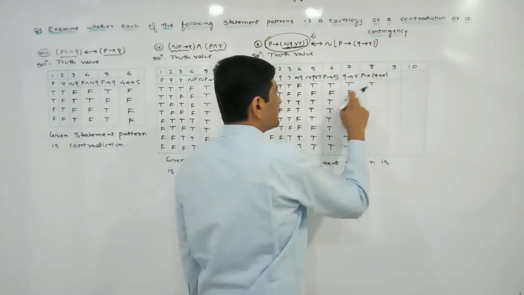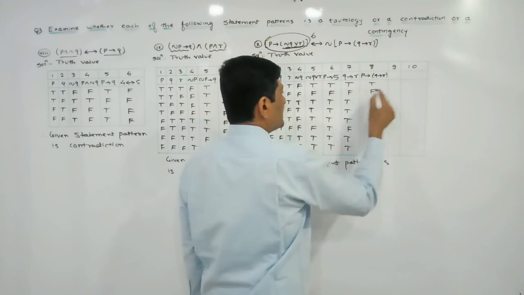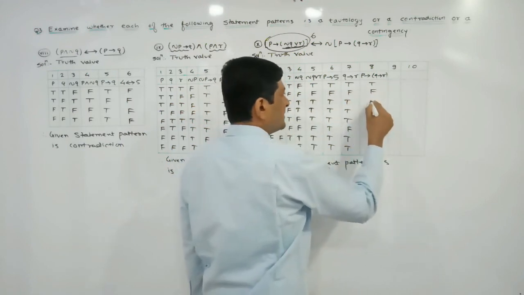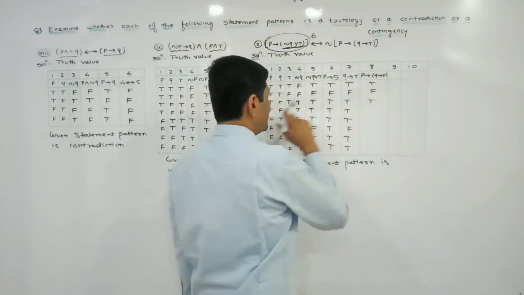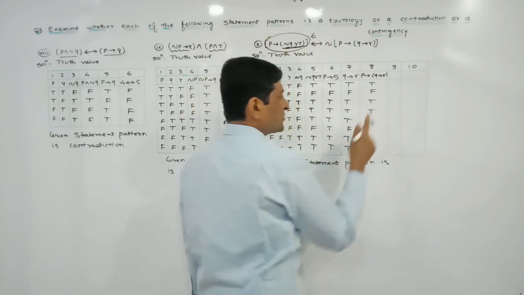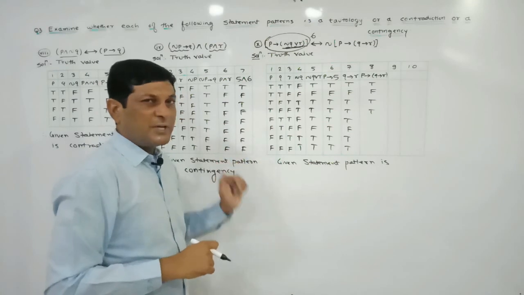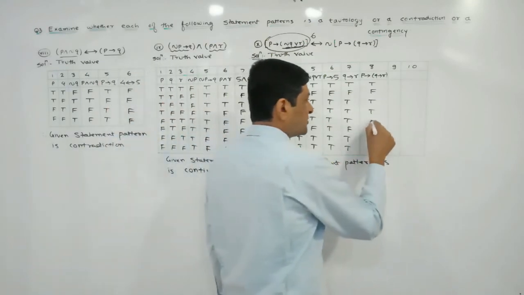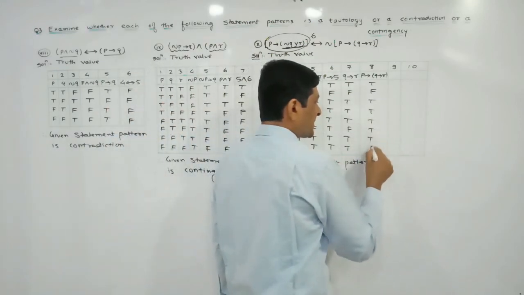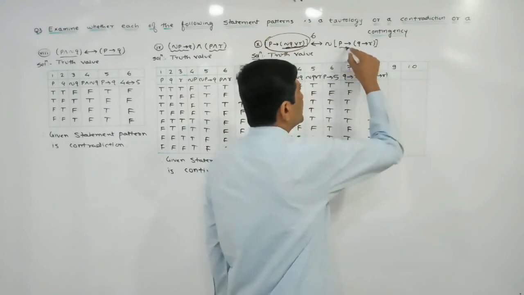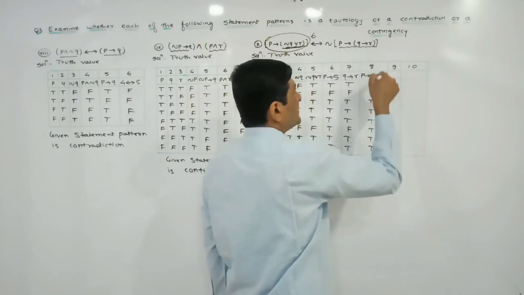In the second case TF appears, so it is false. In the third case TF does not appear, so true. In the fourth case also it is true because TF is not there. And in the remaining four cases, if first statement is false, implication is always what? True. Now truth value of this part is known to us, which lies in column number 8.